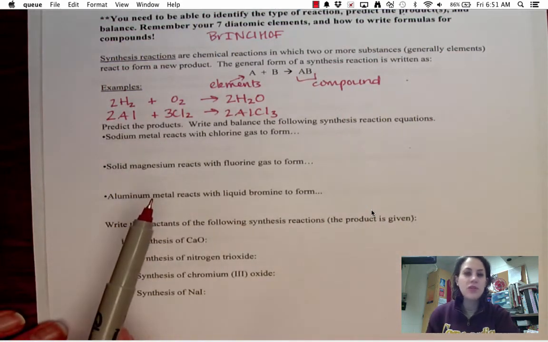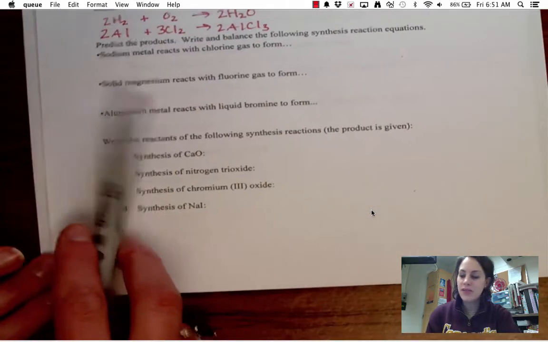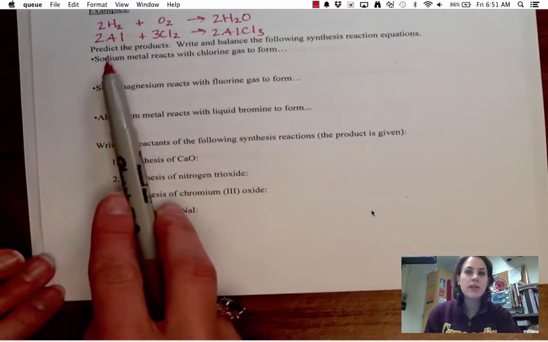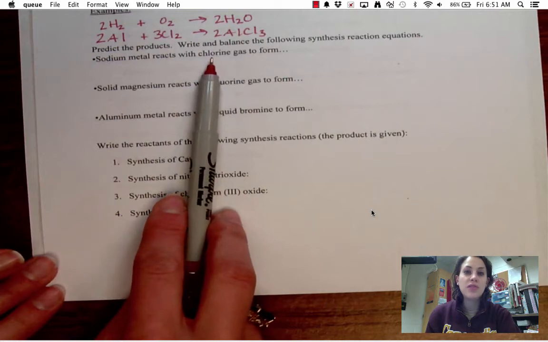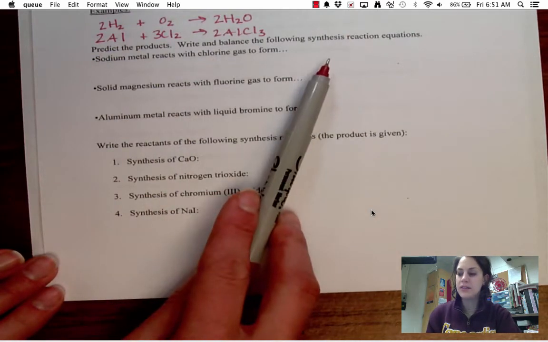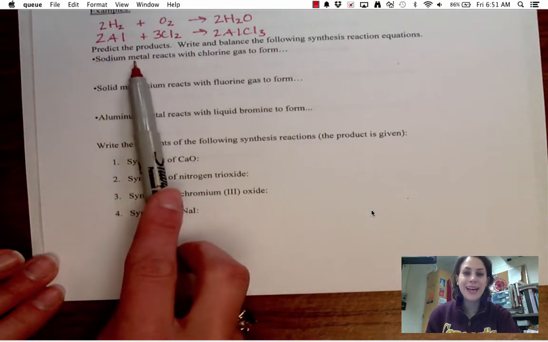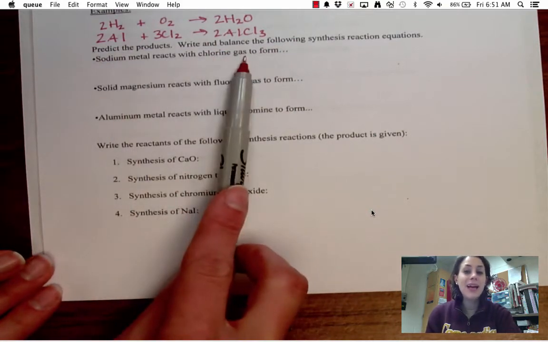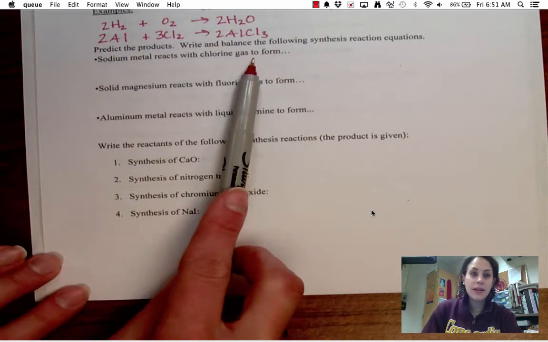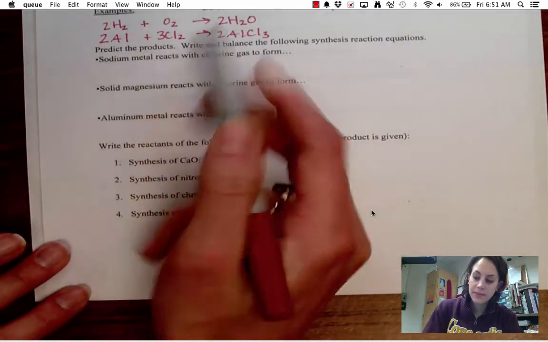So let's try a few examples here. I'm given a starter for my reaction, and I want to know what it's going to form. I have to write and balance these equations. So I have sodium metal reacts with chlorine gas. So I'm first going to write my elements. Sodium metal, the symbol for that is Na.